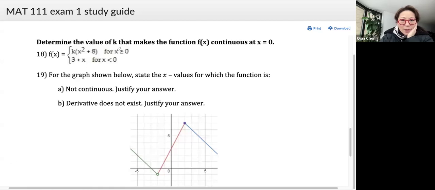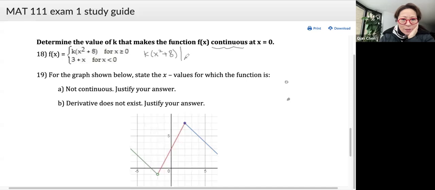Okay, determine the value k that makes the function continuous. Continuous means the function is connected, right? No holes, no jumps. So which means the function value at 0 here for this one. This is called a piecewise function. Kx squared plus a at 0.